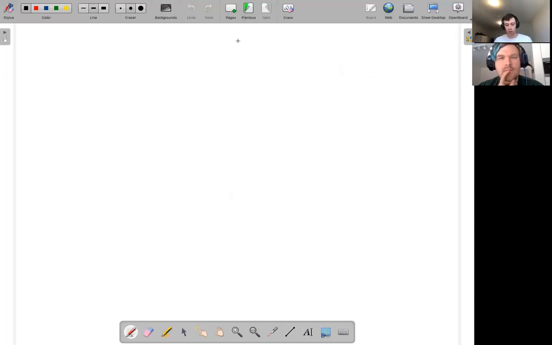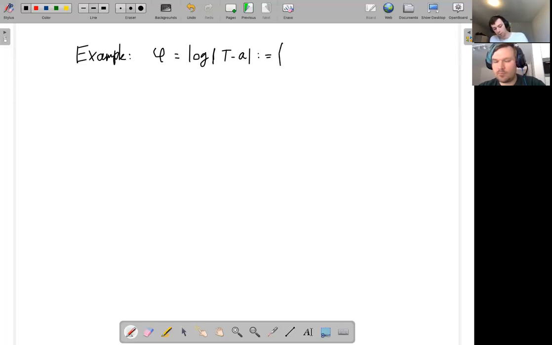Okay, so let's give a quick example. Something which should definitely be subharmonic is this thing, which is by definition the function that maps the point x to the log of the semi-norm.